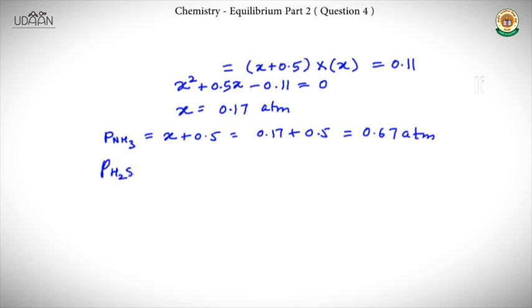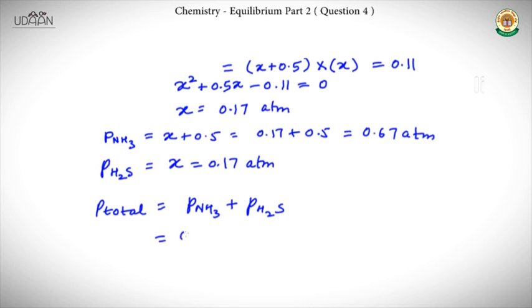Similarly, the partial pressure of H2S at equilibrium is given by x, which is 0.17 atm. So the total pressure at equilibrium will be nothing but the summation of the partial pressures of ammonia and H2S, which is 0.67 plus 0.17 atm, which is 0.84 atm.